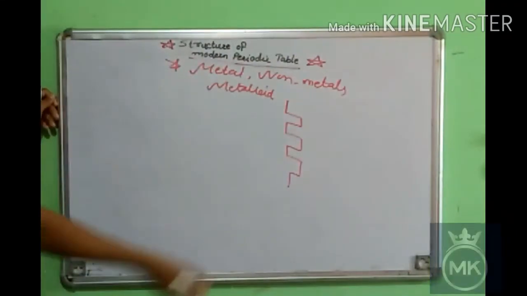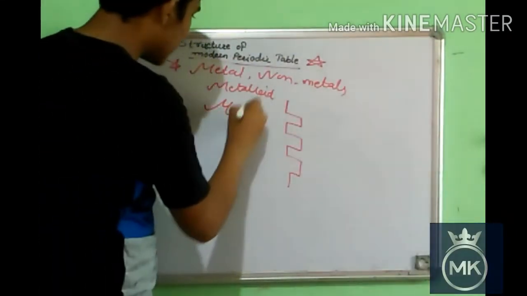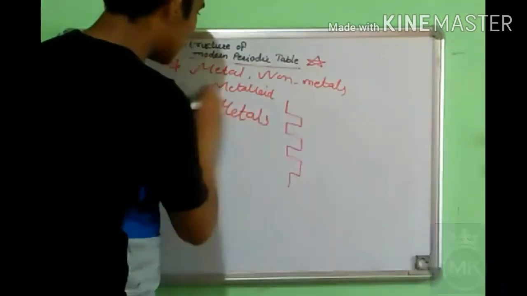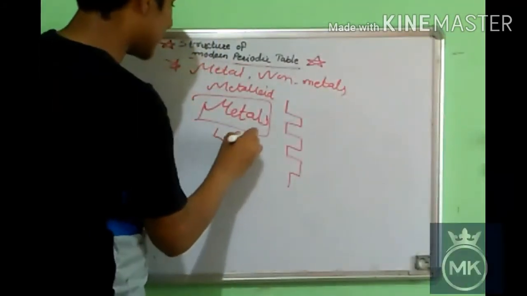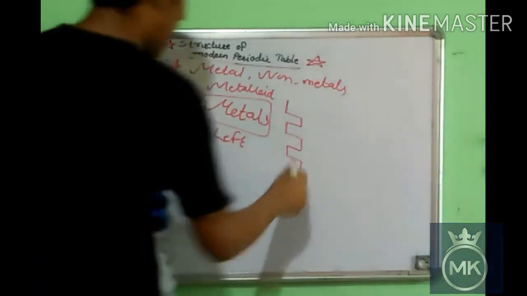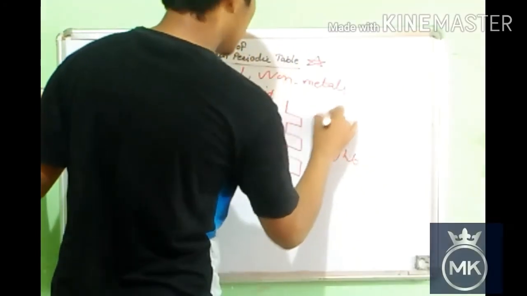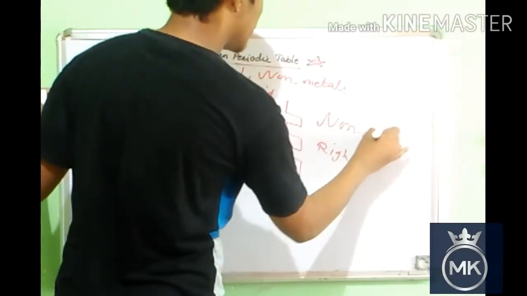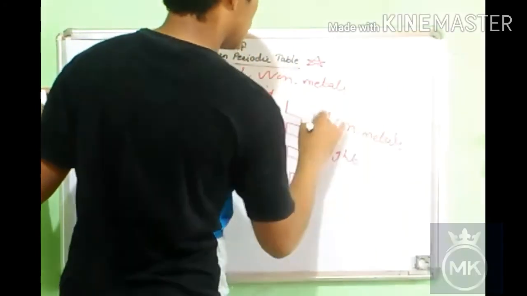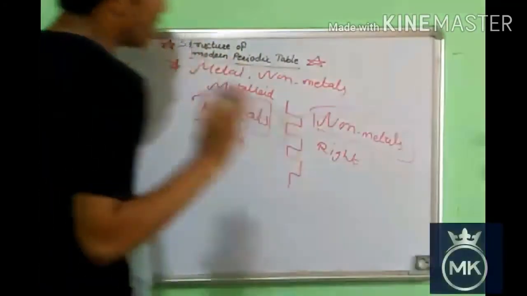Then at the left side of the zigzag line the metals are placed, and at the right side of the zigzag line the non-metals are placed, and metalloids are placed at the border of the zigzag line.